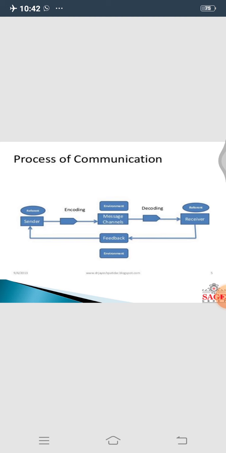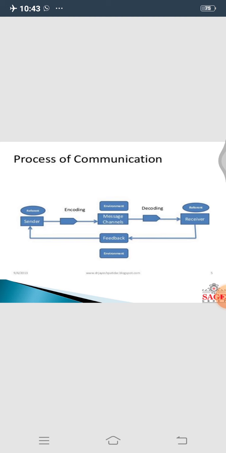Because the language the trainer was using, the receivers were not able to comprehend properly, so the efforts went futile. So it has to be in the same language, so that decoding will be possible. Once decoding is done, the receiver receives the message and there is feedback. So this is the whole process of communication.